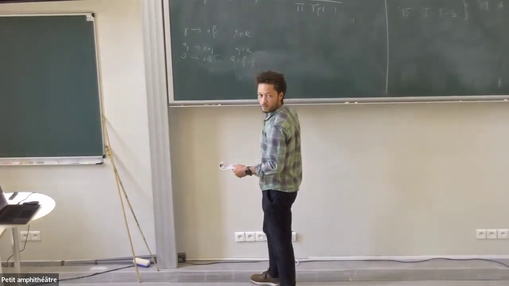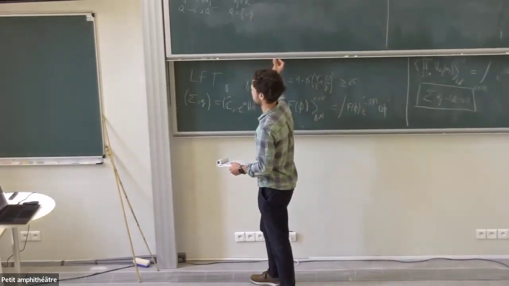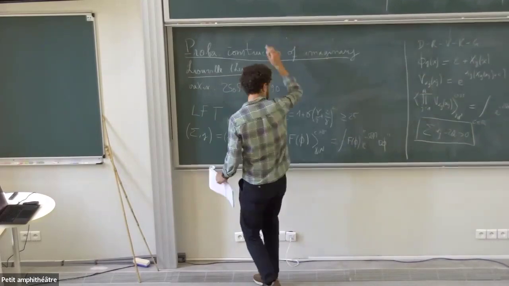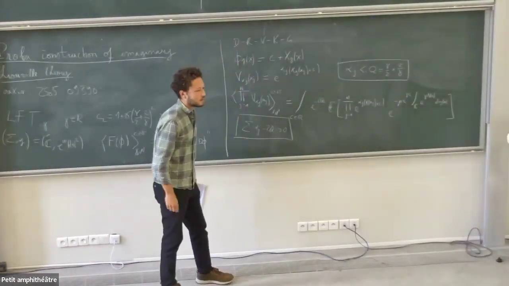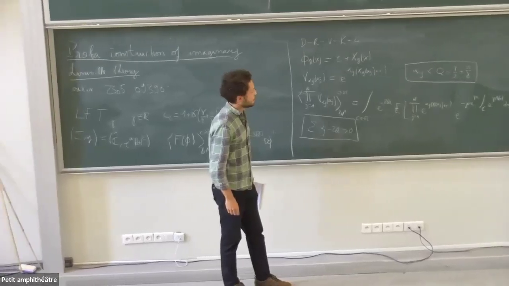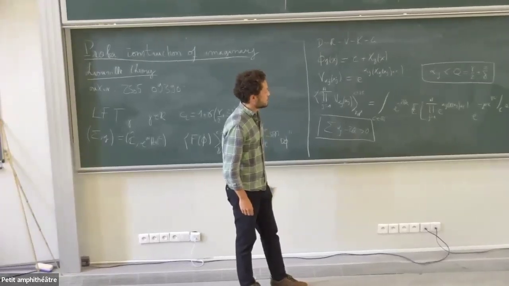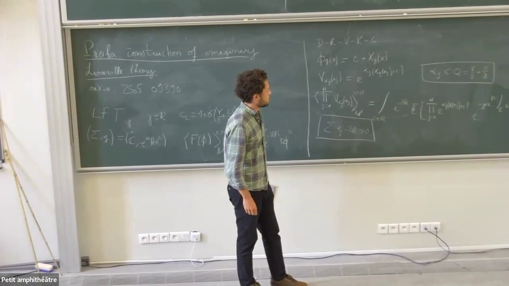Are there some questions now? Excuse me, can this inequality be written in terms of the conformal weight, or is it not related to the conformal weight? It's related to the convergence.